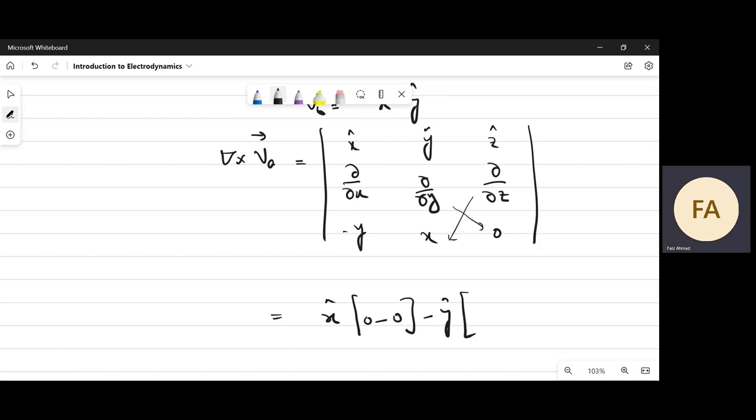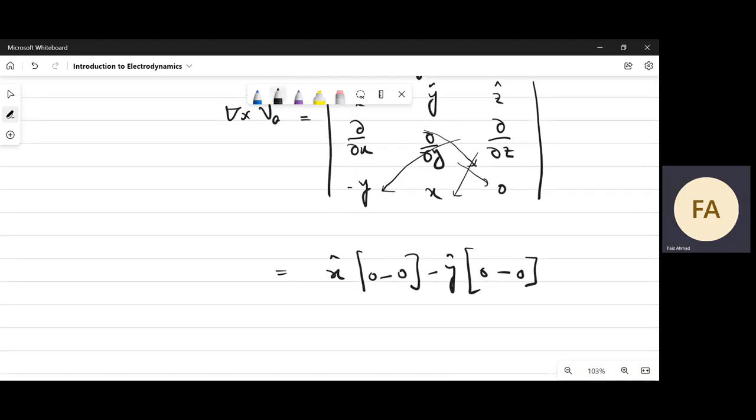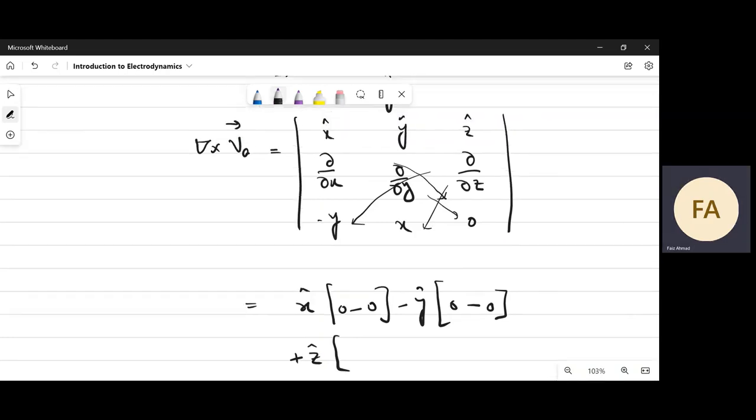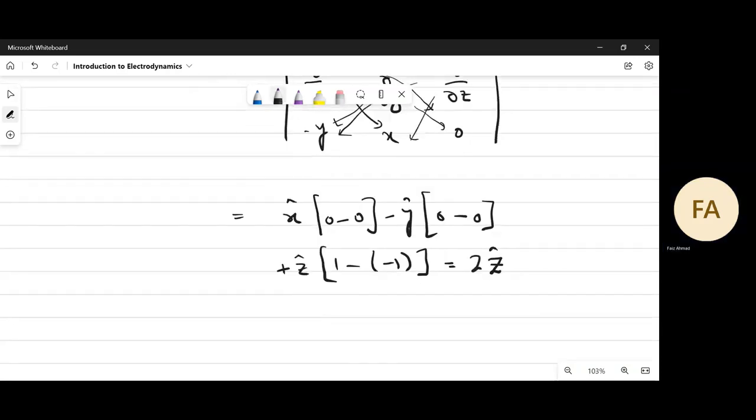Now we take this and this, 0 minus 0 again, and now plus z unit vector. Then we take this and this, so this will come 1 minus minus 1, and it will become 2 z unit vector. So we have non-zero curl for this function.